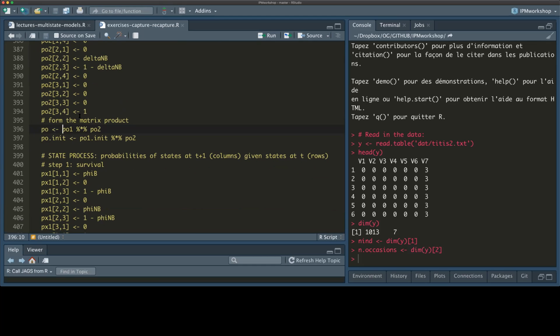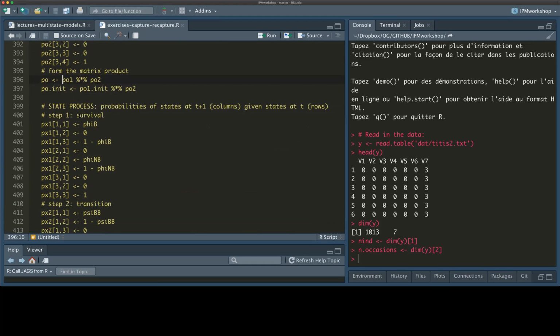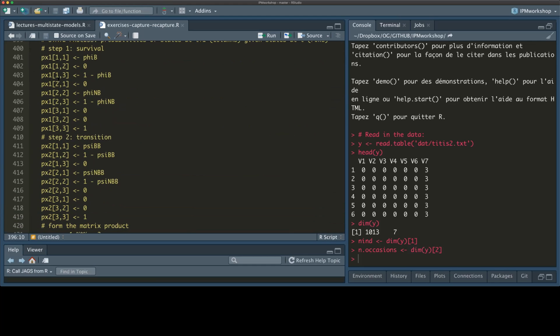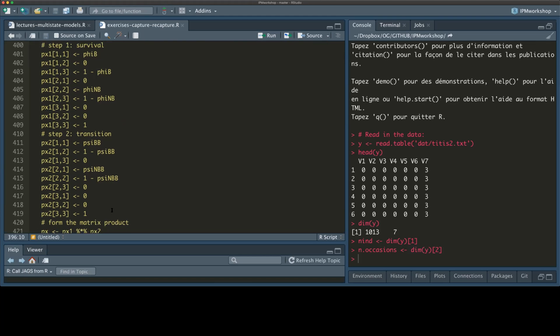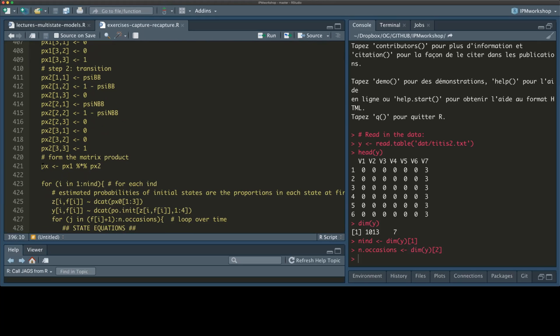I decompose my matrices in 2 steps. Same thing for the transition matrix: I use a matrix for survival and then another matrix for the movements. Then I say the transition matrix is just the matrix product of my survival matrix and my movement matrix, and the matrix product is given by that in R and in JAGS.